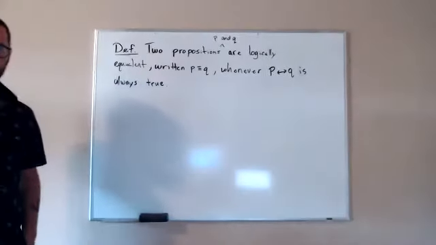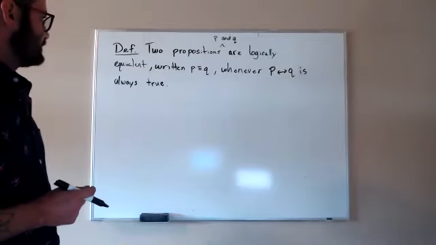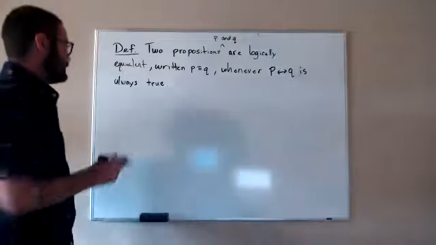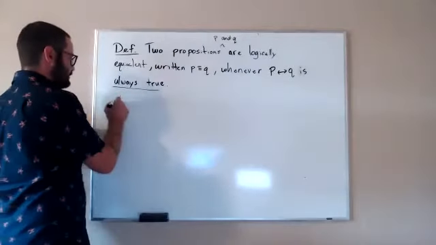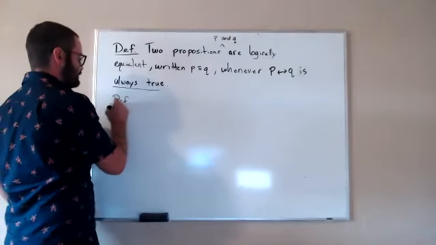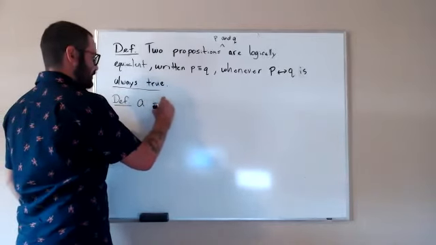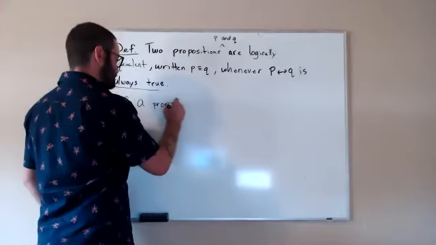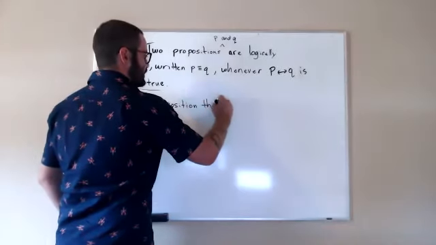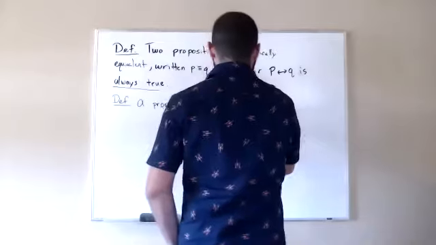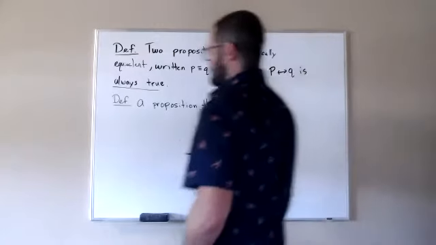Now, I need to introduce two more definitions, because what it means to always be true is something kind of special. So let's go ahead and do that now. A proposition or a compound proposition that is always true is called a tautology.